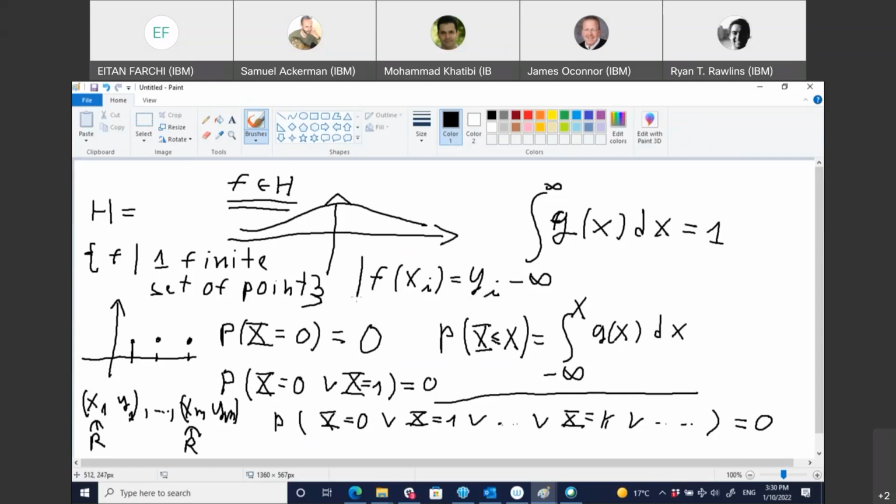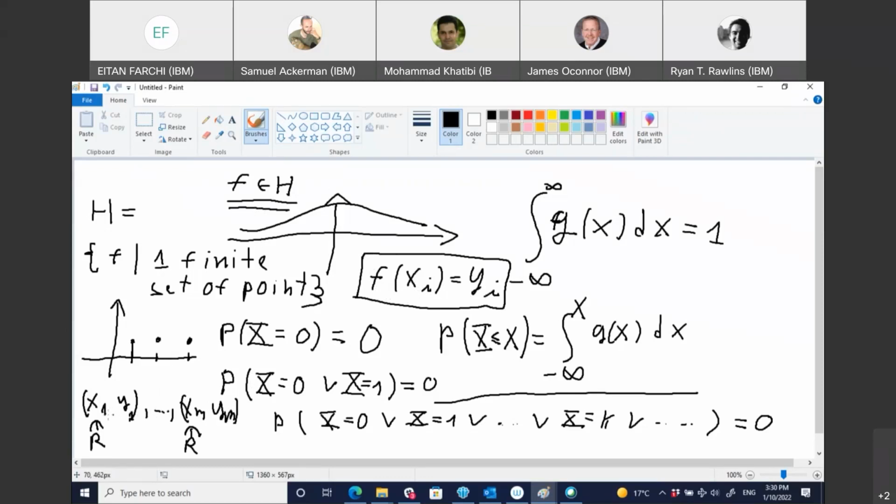Otherwise, it's going to be 0. Correct? So there's going to be only a finite number of points in the sample for which f of xi is going to be 1, because f is defined as 1 only on a finite set of points.